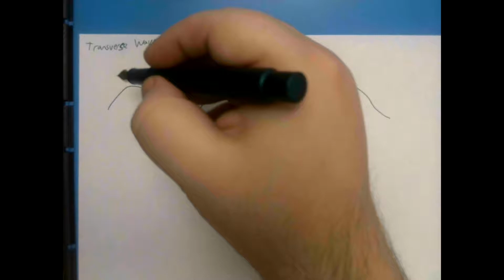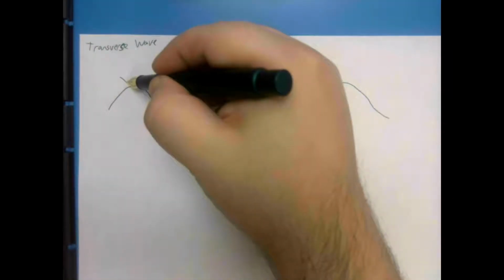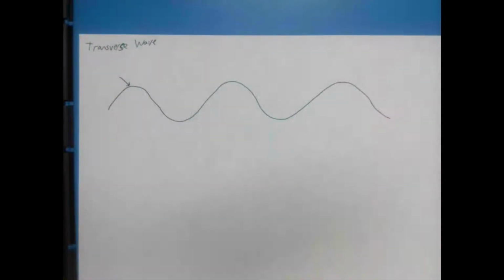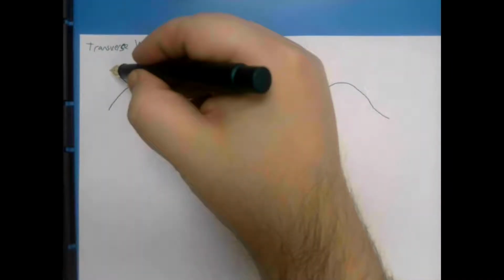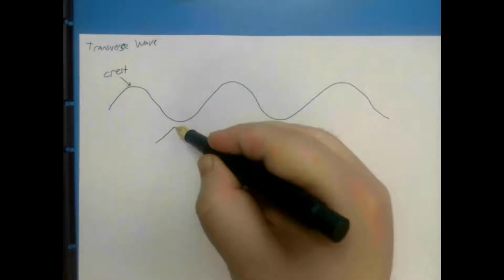What do we call this? Crest. And what do we call this? Trough.